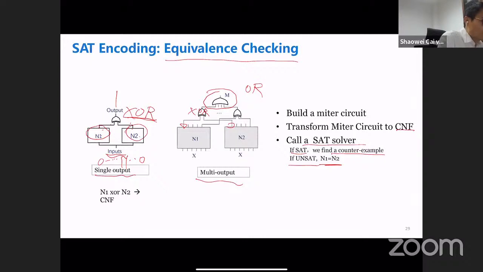Then for all these XOR gates, we combine them by an OR gate. So if at least one of them is 1, this OR gate becomes 1. The encoding is similar. If we find an assignment that makes this final gate 1, then we find a counterexample.